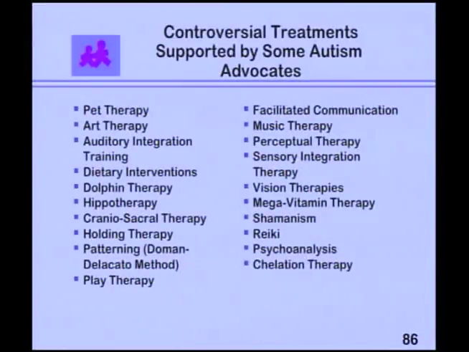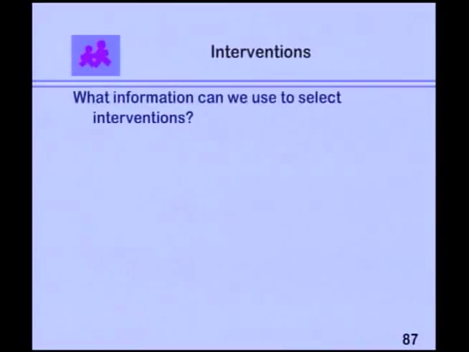Facilitated communication was widely used until it was soundly shown to not have any research basis. Music therapy, all the way to psychoanalysis and chelation therapy. Many different kinds of therapies.